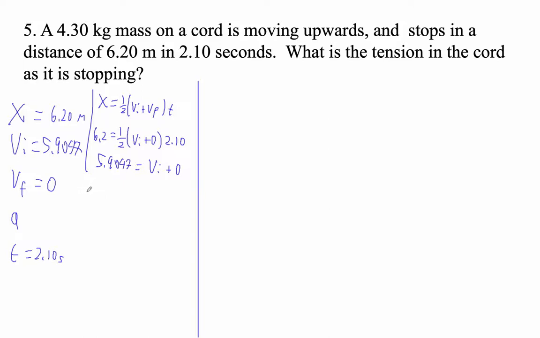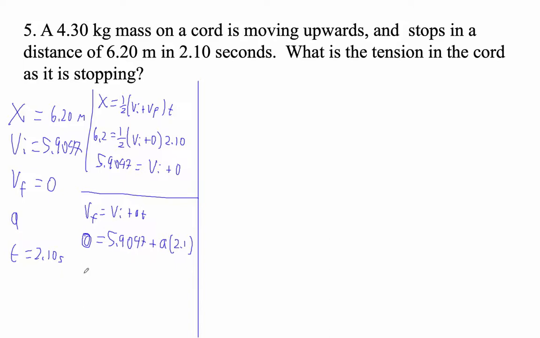I choose this one, vf is vi plus at. I'm not even done yet. Okay, so 0 equals 5.9047, plus a times 2.1.